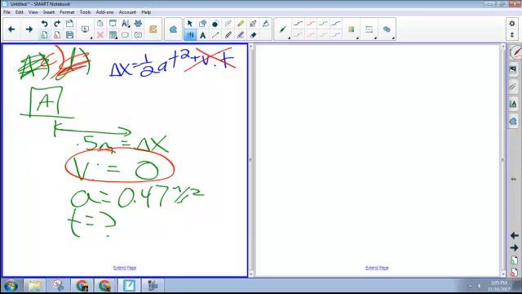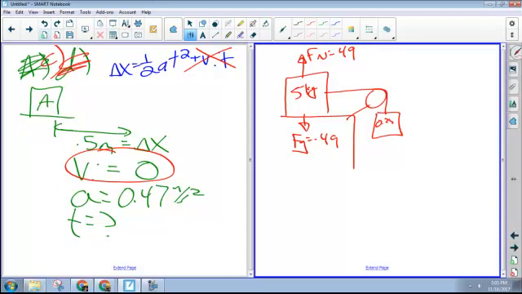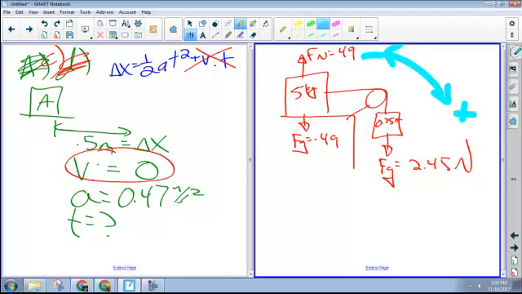Yeah, you're finding it. This is actually not that bad, guys. Here's the pulley. You got a 5 kilogram thing. Gravity's negative 49. Normal force is 49. Your force of gravity here is 2.45 newtons, right? Now, if we want the system to not move, then that force has got to be 0.